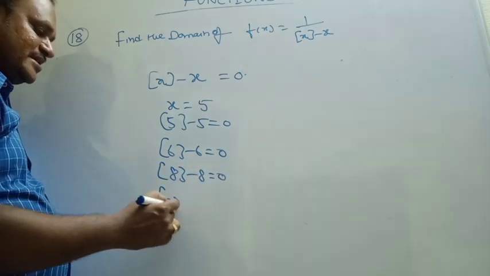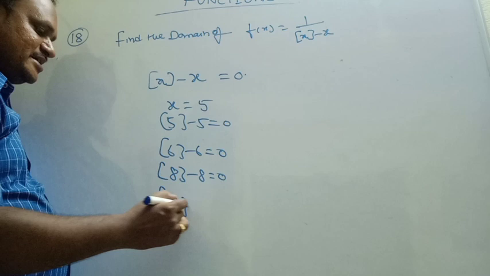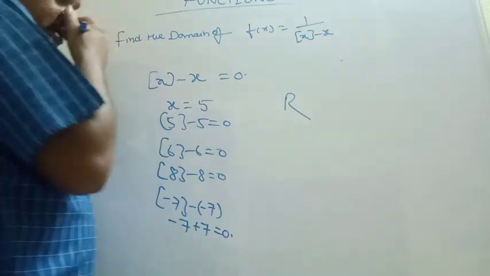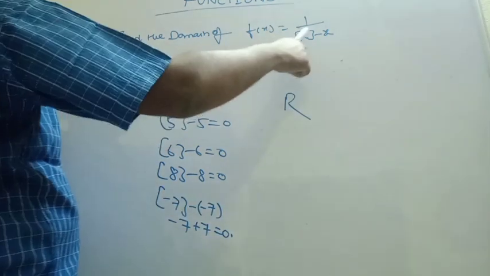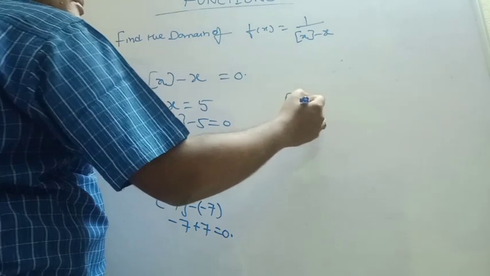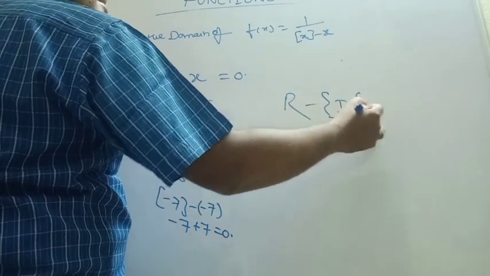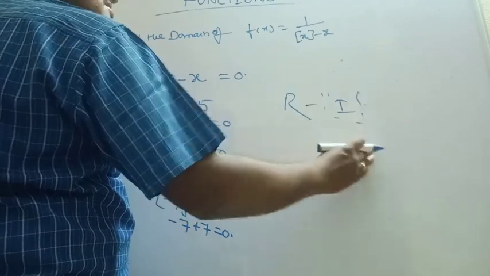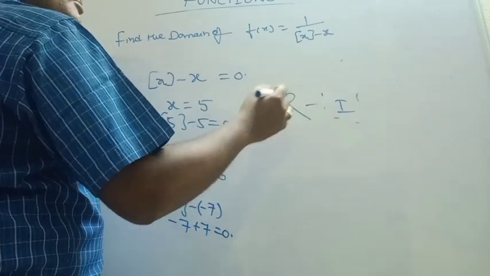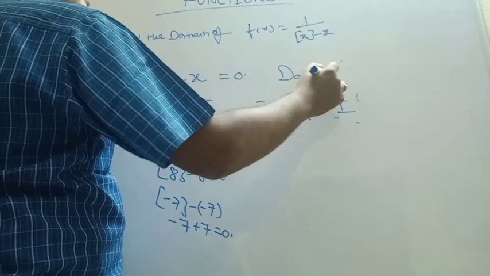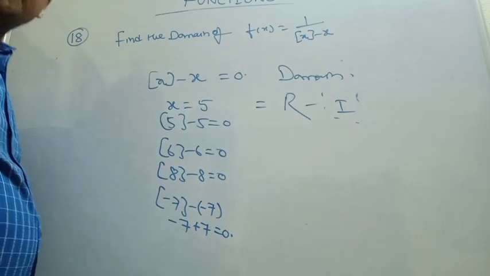Step of minus 7 minus of minus 7, this is minus 7 plus 7, this is 0. Therefore, for all integers it is not defined, because if the denominator is 0, this becomes undefined. Therefore, the domain is R minus the set of all integers, I. R minus I is the domain of this particular function.